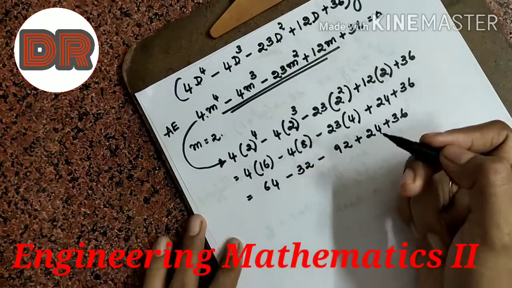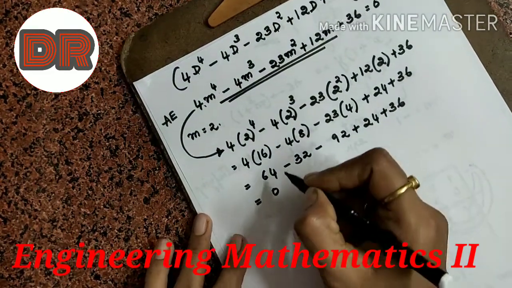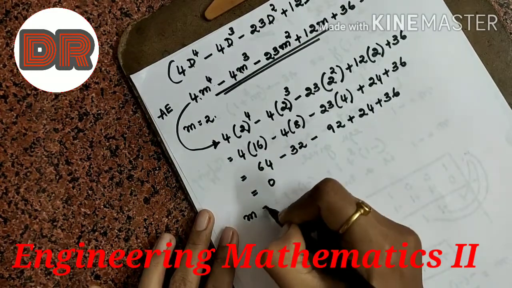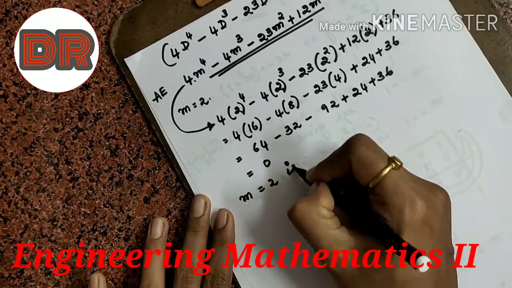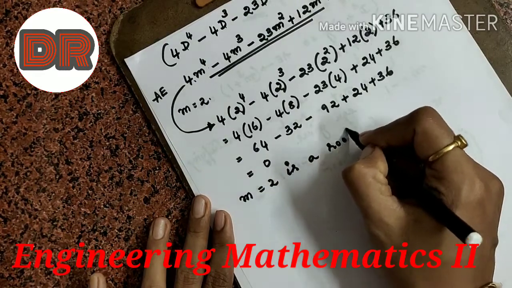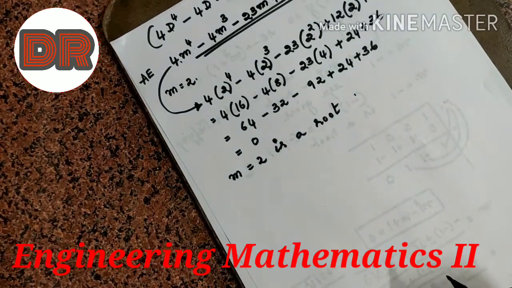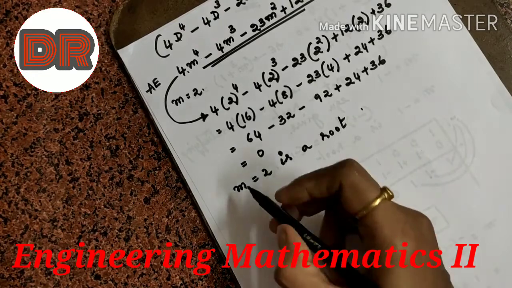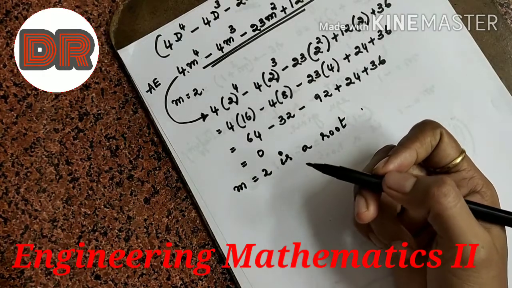And if you simplify this, you will be getting 0 as the answer. So m is equal to 2 is a root.